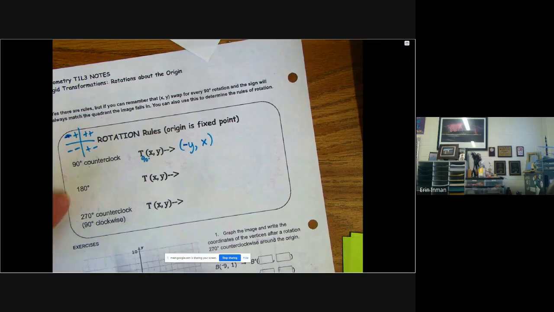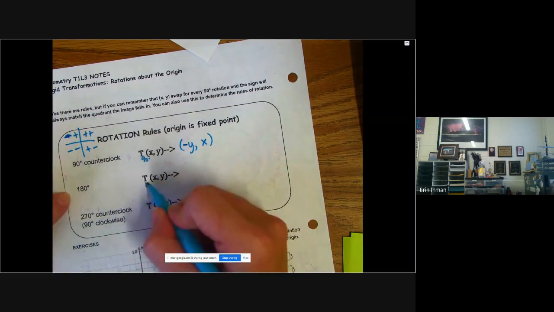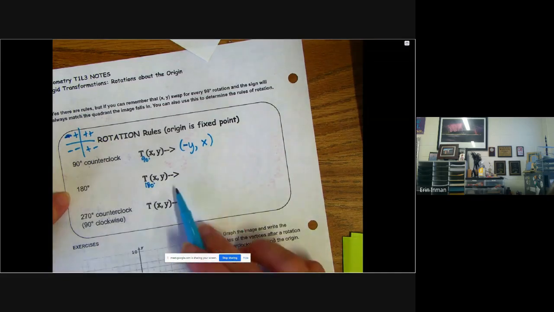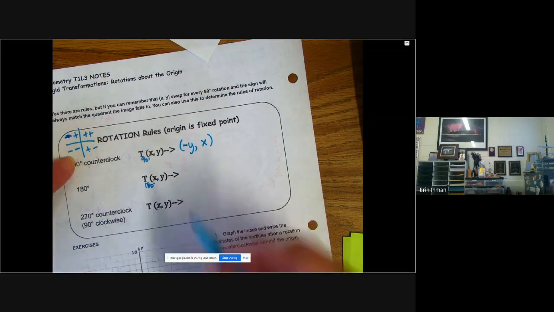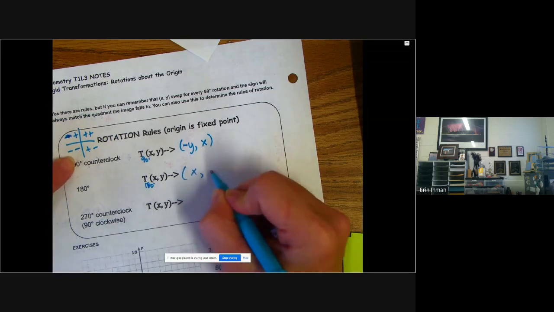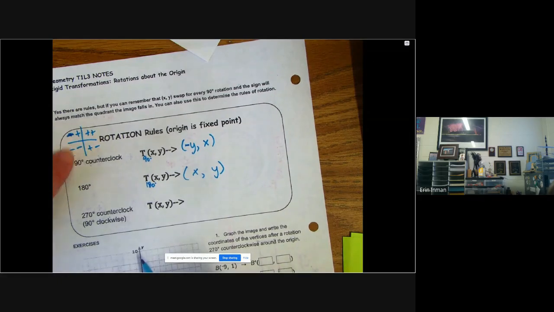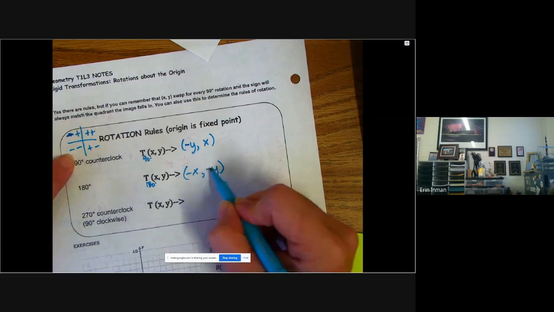Okay. 180 degrees, well, that's just going to be 180, right? So positive 180 for counterclockwise. And if I start in quadrant 1, my X and Y switch once, then they go back, so it's still going to be X and Y. But if I started in 1, I'd end up in 3, and so they'd be the opposite signs.